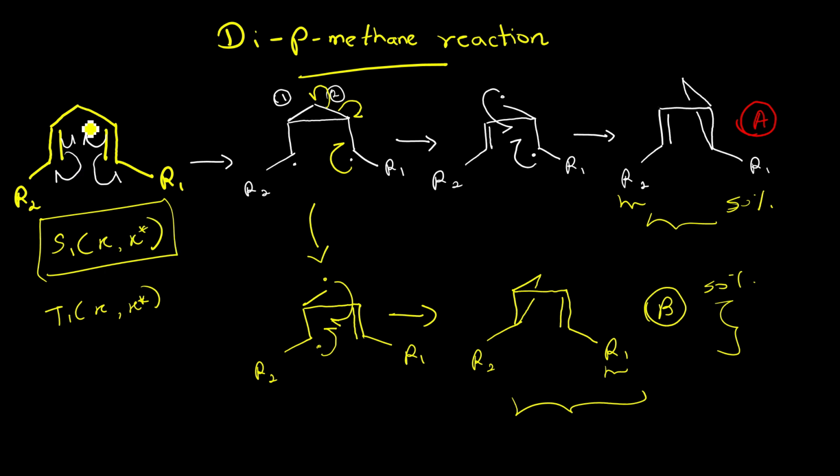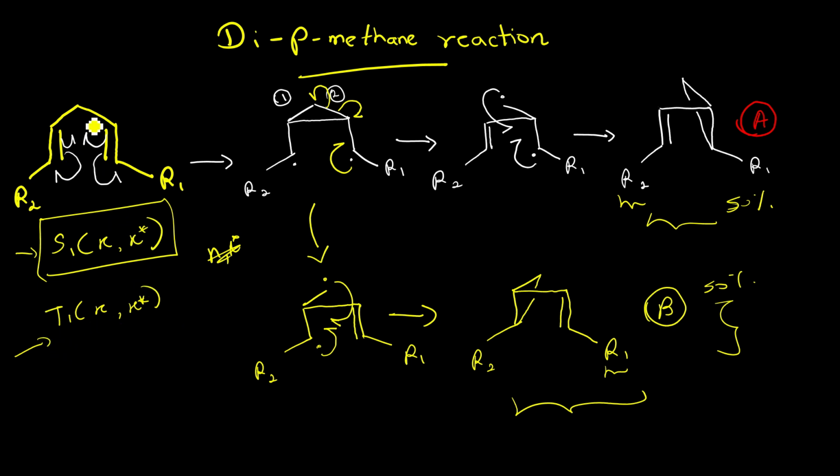There are no oxygen atoms in there, so there are no lone pairs, so it's definitely not the n to pi star. There are only pi bonds, so it's definitely the pi to pi star transition. I hope you remember that there are two excited states, the singlet excited state and the triplet excited state, which is what I have mentioned here. So this particular reaction only happens through the singlet excited state, not the triplet excited state.